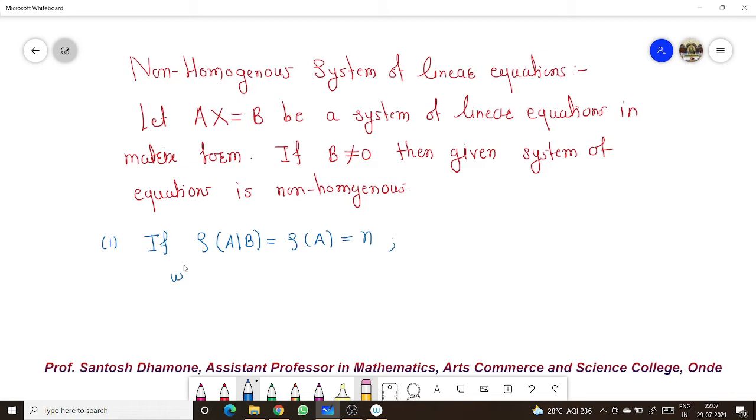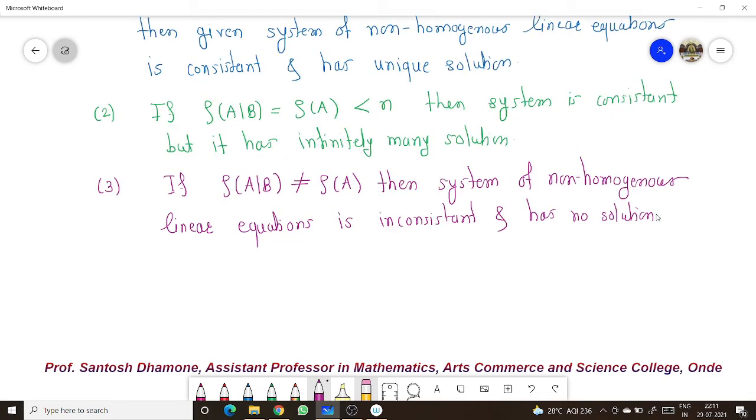Okay students, these three cases arise for solving a non-homogeneous system of linear equations.